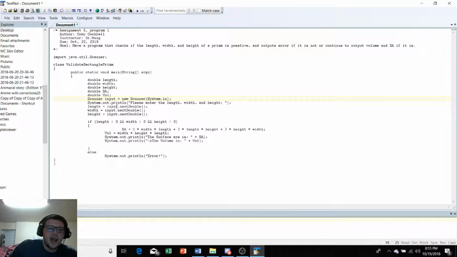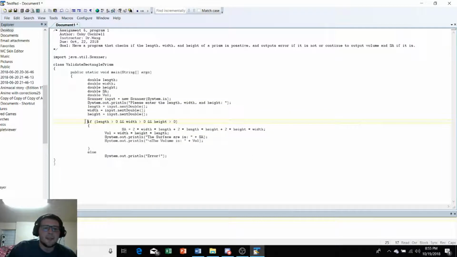We're going to take what we have, which is just an object, and attach that to .nextDouble, and that's going to make the system search for a double. And of course, as we see later, if it was a string when it was searching for a double, it'll come back as an error, invalid, mismatch type. Okay? Make sure you understand that very well.